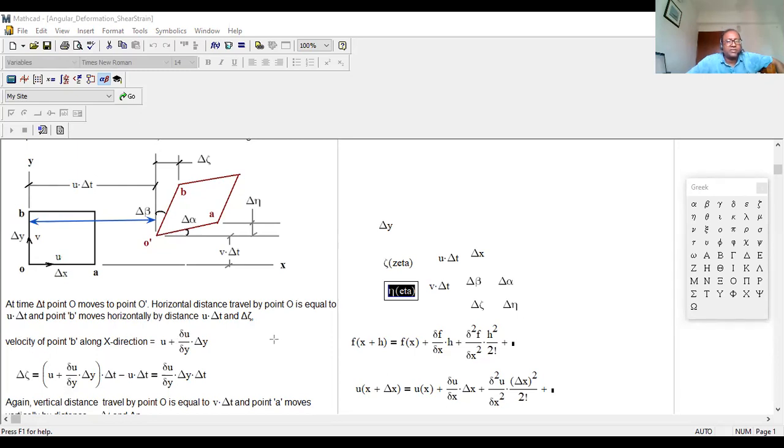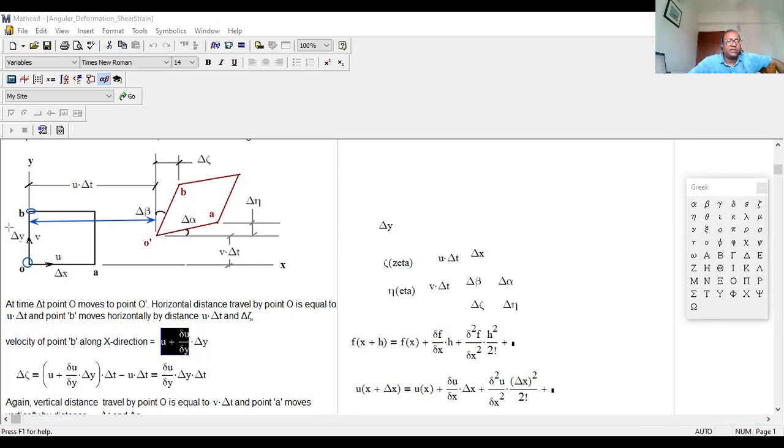The velocity of point B is this one: u plus del u by del y into delta y. At point O our velocity is u, but point B is traveling faster than point O. We don't know the velocity at point B directly, but we know the magnitude of velocity at point O.